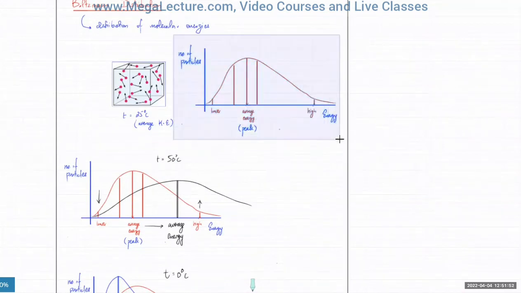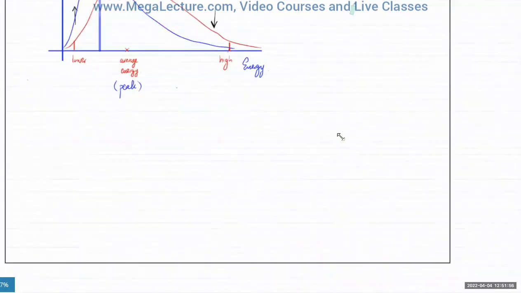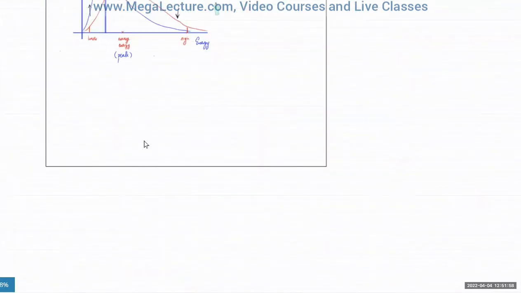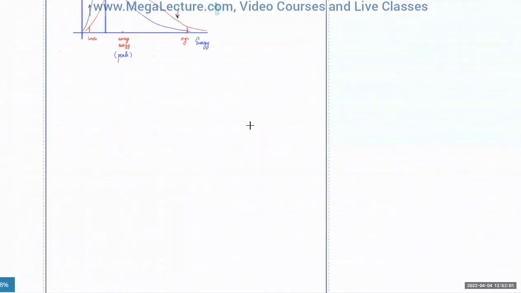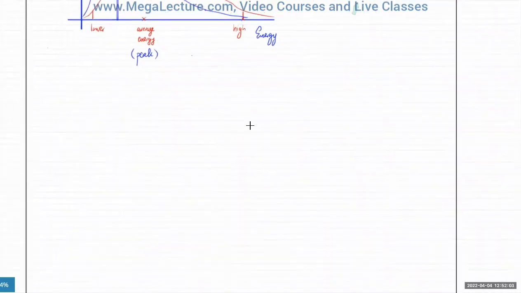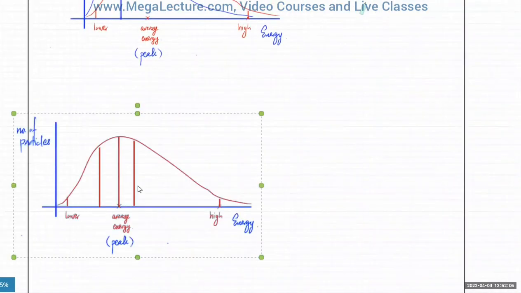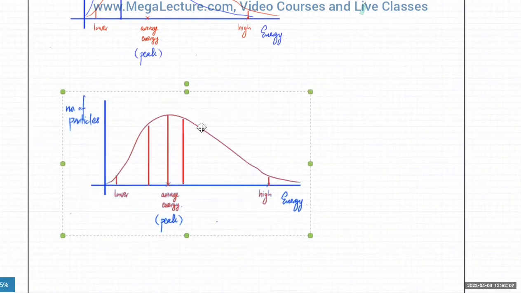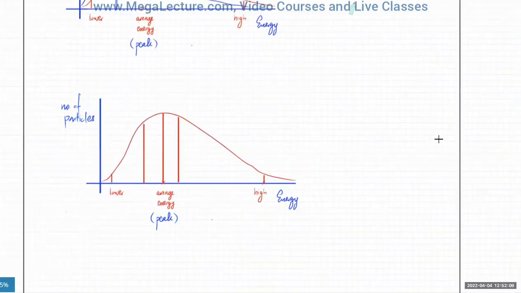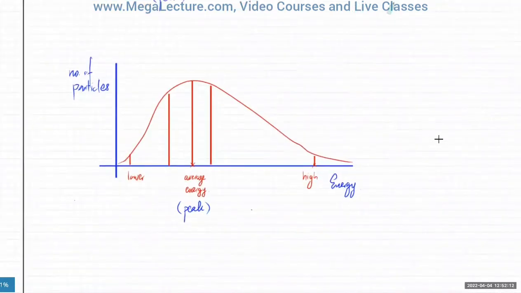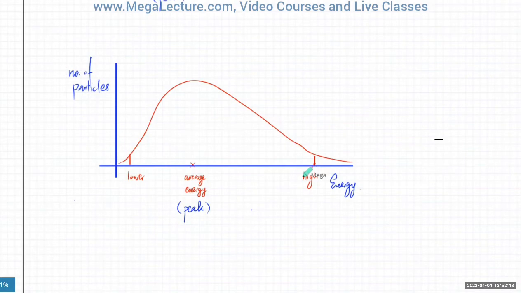The other thing that they're going to talk about is kinetic energy, no, activation energy, and catalyst. So you've got this graph.